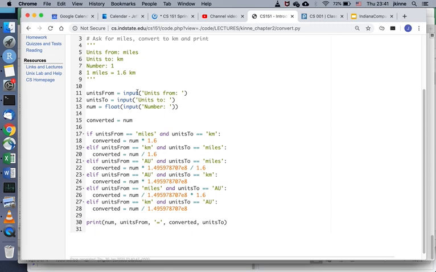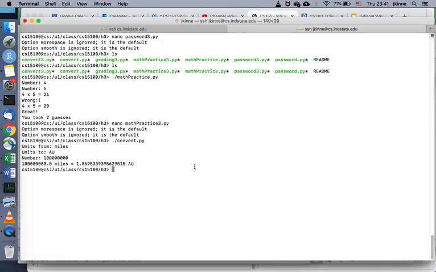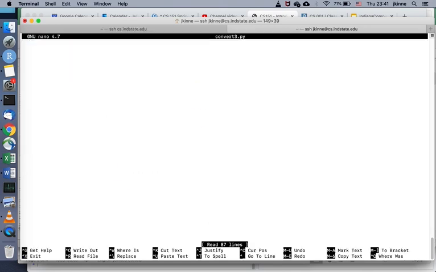The valid set of units in this program were miles, kilometers, and AU. If we type something else, you could think about what happens, but let's just assume they type those options. Okay, that's what that program does. Let's look at what convert3 is asking for.